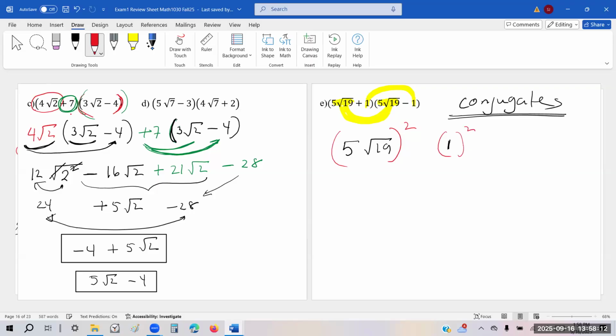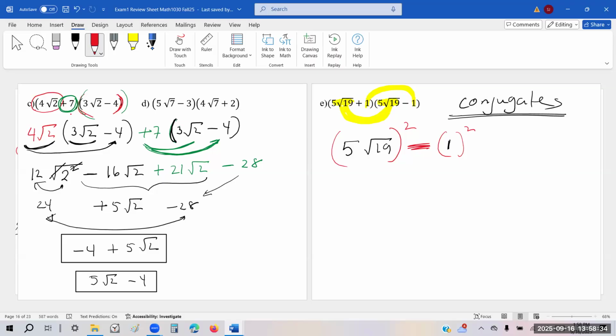Then you have to put something between them. Minus. It's called difference of perfect squares. Difference means minus, so you subtract the second position square from the first position square.